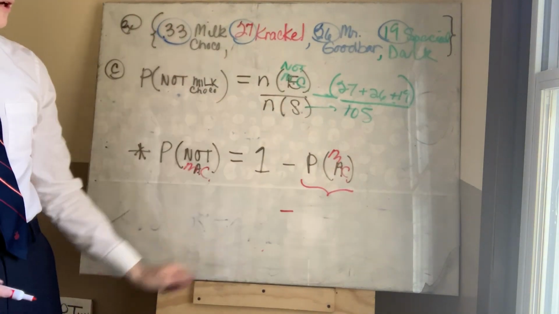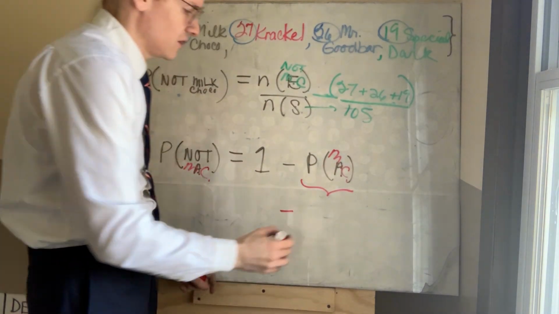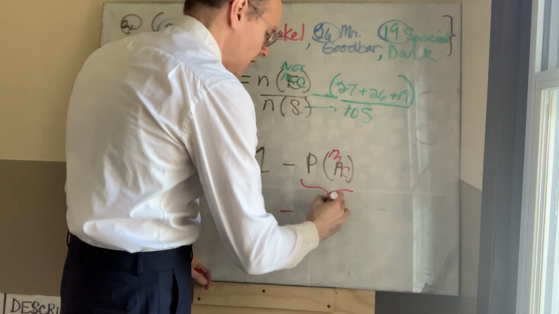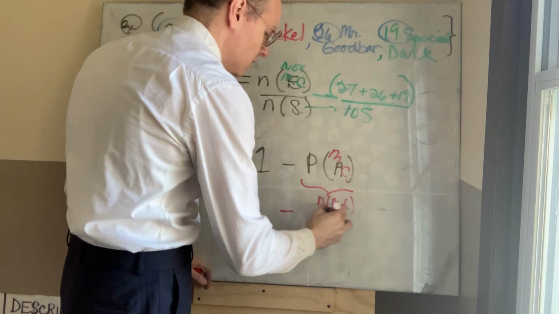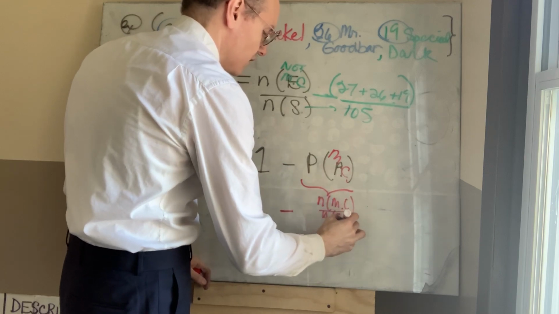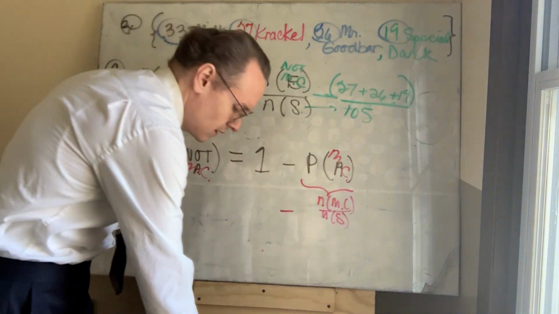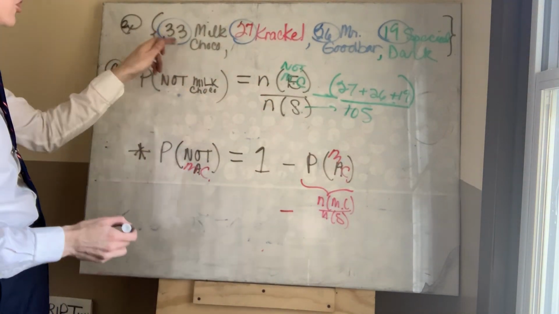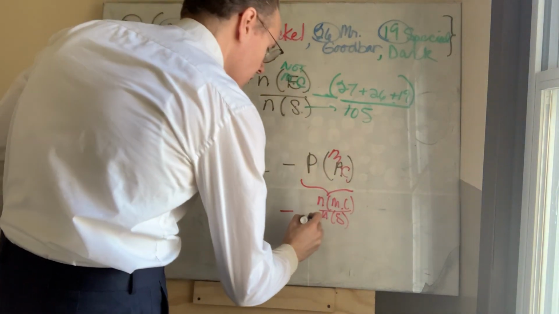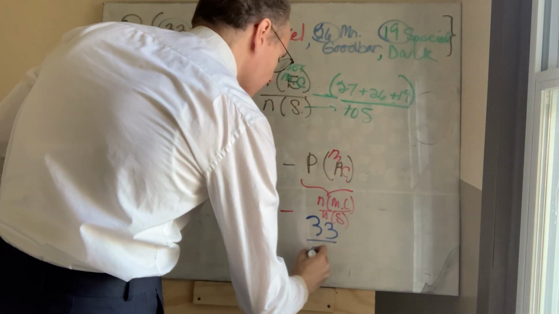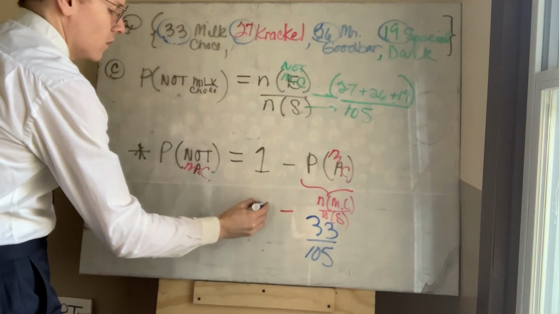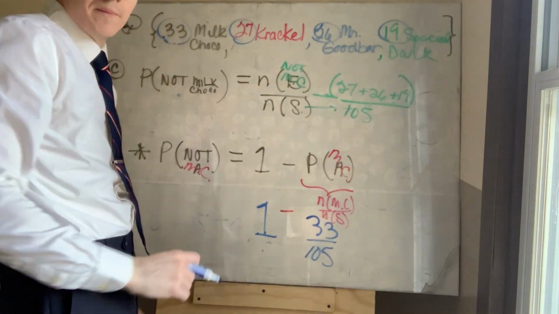The probability of a milk chocolate is still n milk chocolates over n in the sample set, which in this case is just this number, 33. 33 out of 105, subtracted from 1.